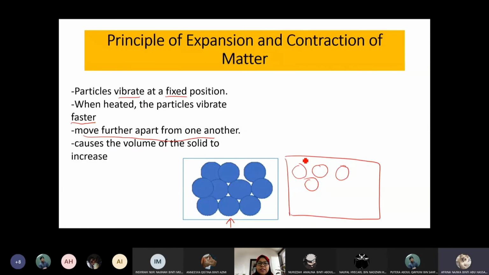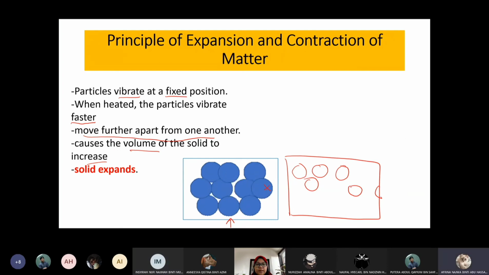So this particle here, for example, will move somewhere else, that expands, right? So the volume increases. This is how we explain how a solid expands. So just now we have a balloon. Is the balloon solid, liquid, or gas?